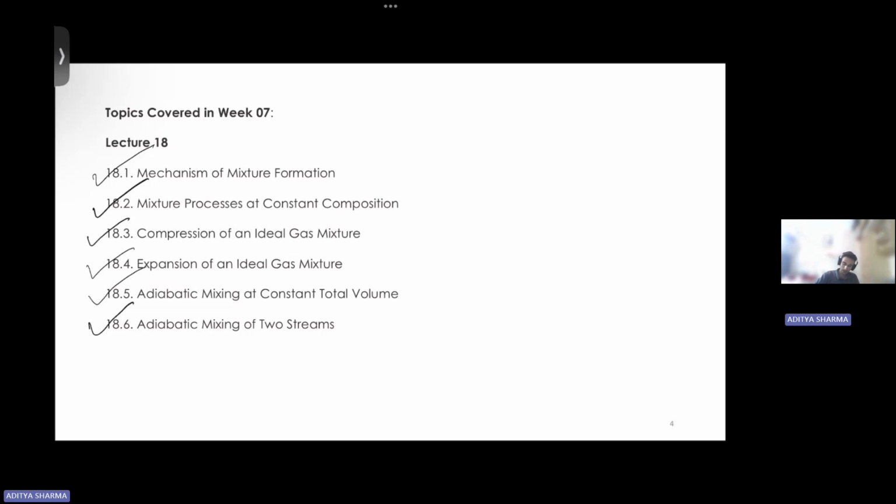And in case we have to discuss entropy production for the adiabatic mixing of two streams, in that case we will have the entropy balance for a control volume. Okay. And if we consider that the flow is steady, then things become a bit easier in terms of getting the expression for the entropy balance. Okay. So all this has been discussed in this topic.